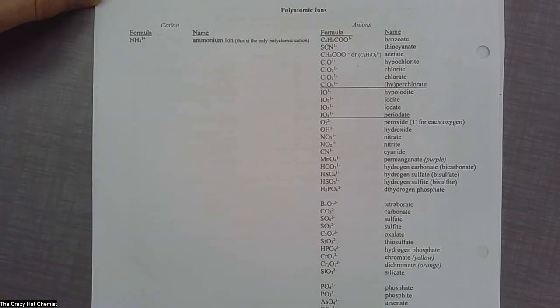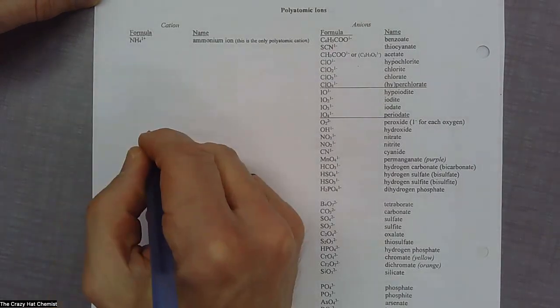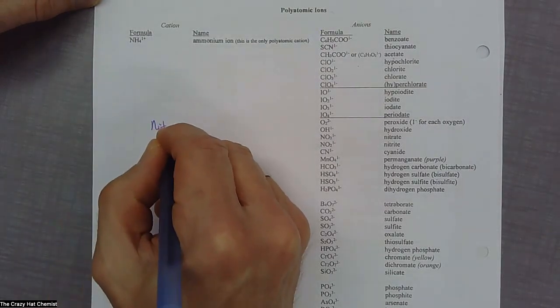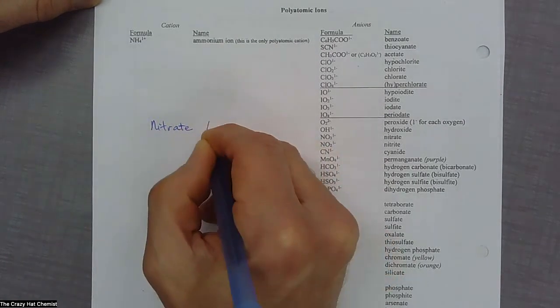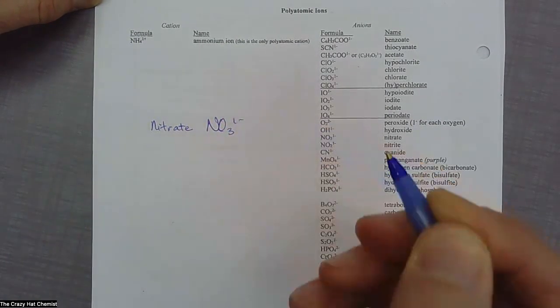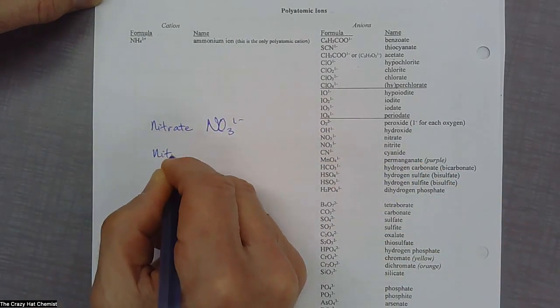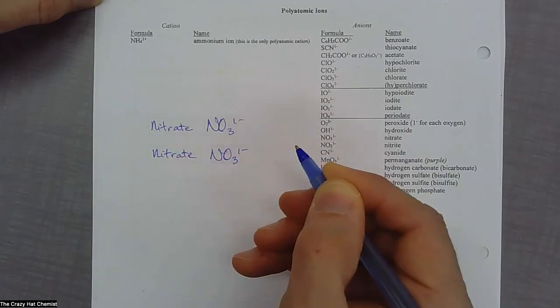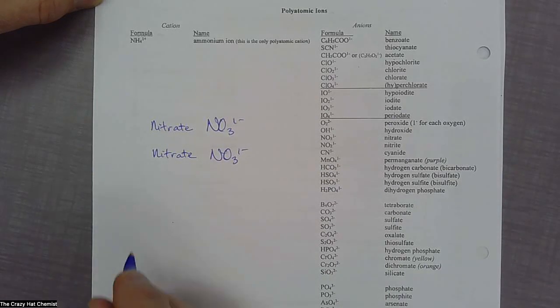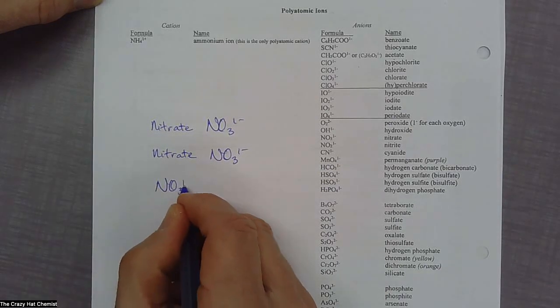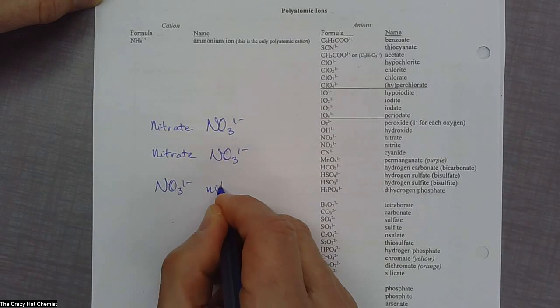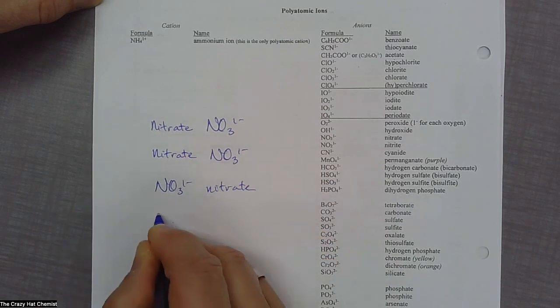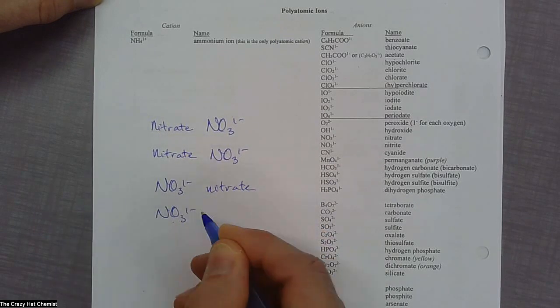Just take out a blank sheet of paper and say: nitrate, NO3 minus 1, nitrate, NO3 minus 1. Then do the reverse as well: NO3 minus 1, nitrate.